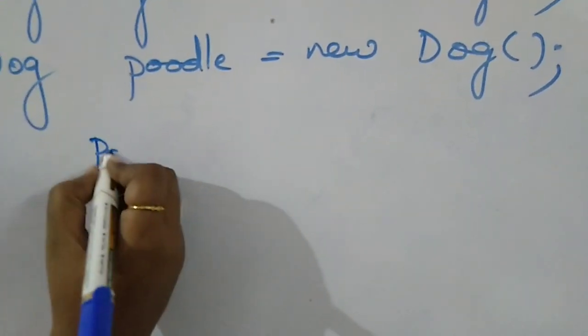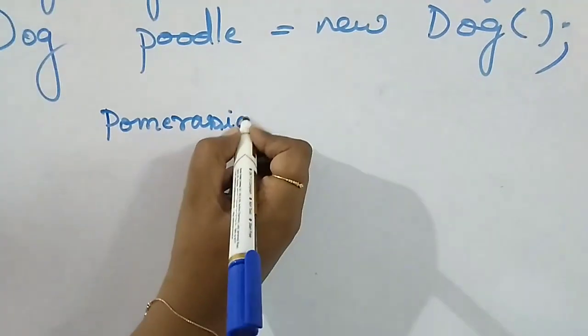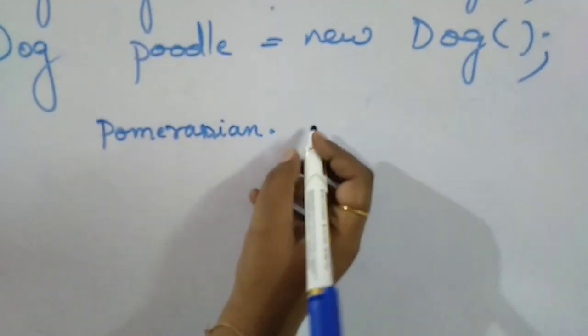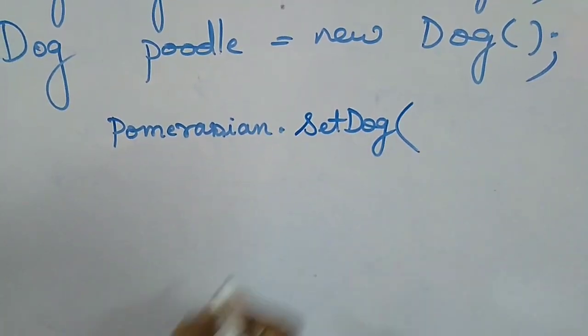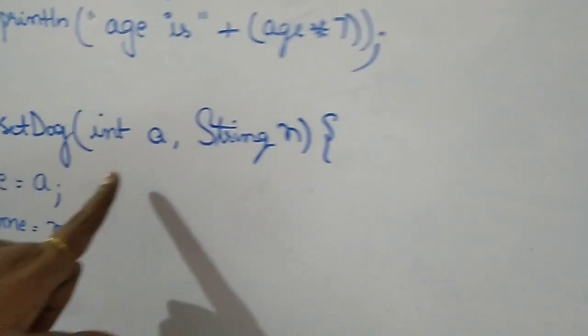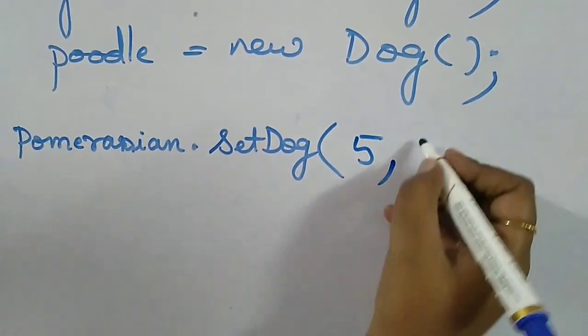I can simply say Pomeranian dot the name of the method, which is setDog, and I have to give the age. So I am saying the age of the Pomeranian dog is 5, and then I am giving it a name.